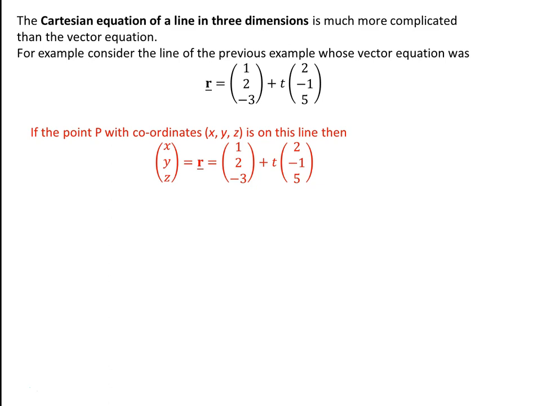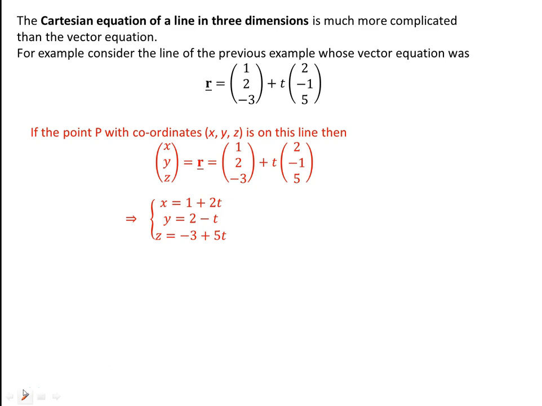If we introduce x, y and z, then we've got (x, y, z) = (1, 2, -3) + t(2, -1, 5). In other words, we have the 3 equations: x = 1 + 2t, y = 2 - t, and z = -3 + 5t. Now we can rearrange each of these 3 equations to make t the subject of the formula.